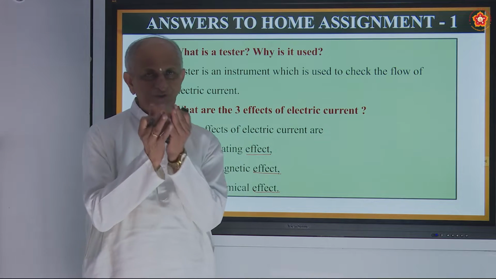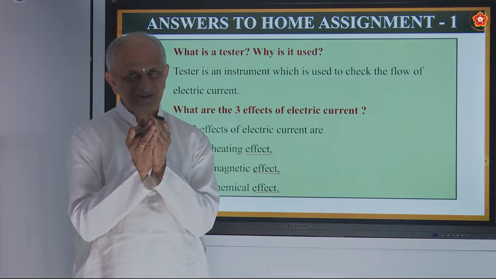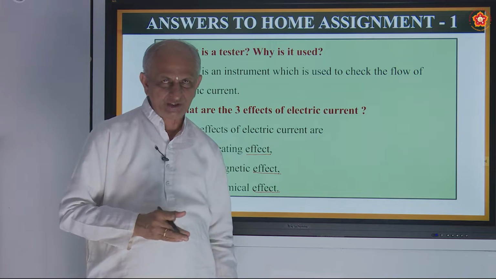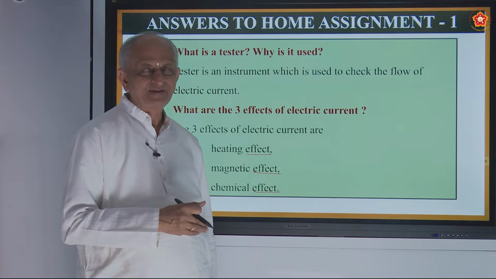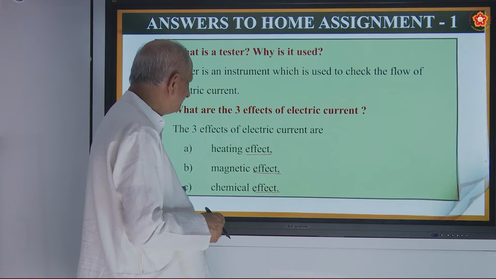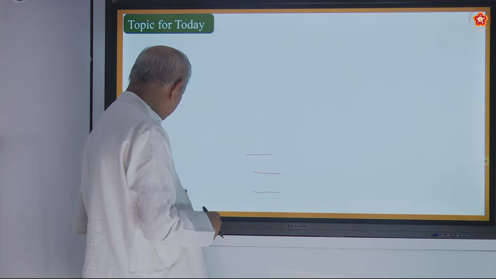Or if a fielder catches, all will appreciate and feel happy. If he loses the catch in a crucial match, then we say the effect is bad. Correct? So they are all called effects of electric current.